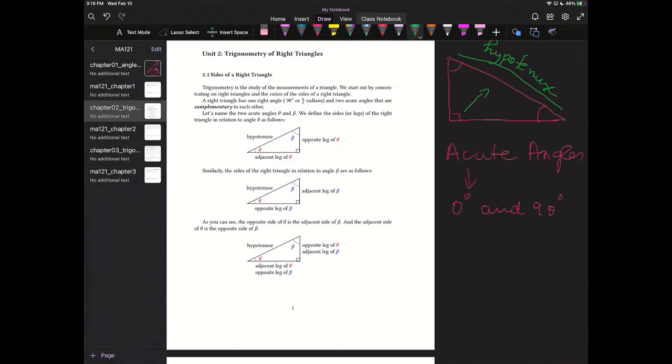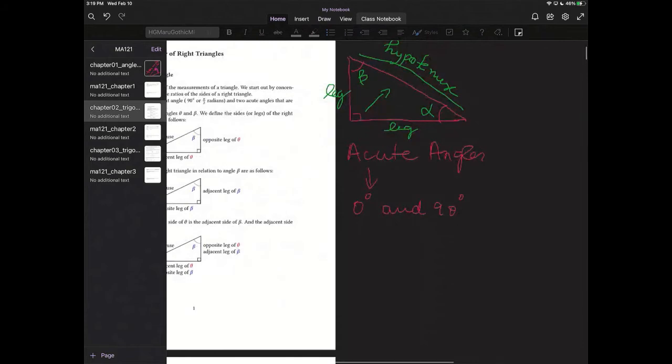Now, the other two sides, which form your 90 degrees, are what we call legs. So we have two legs. This is one leg, and this is another leg. If I look at the other two angles, let's call this angle right here alpha, and the other angle beta. Obviously they are less than 90 degrees. And by the way, the sum of all inner angles is 180.